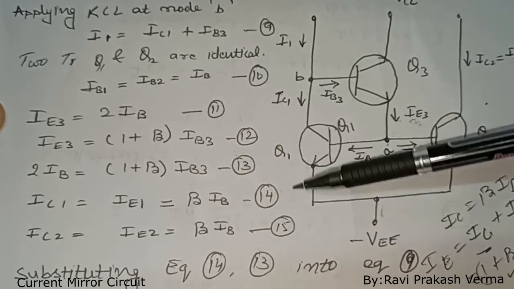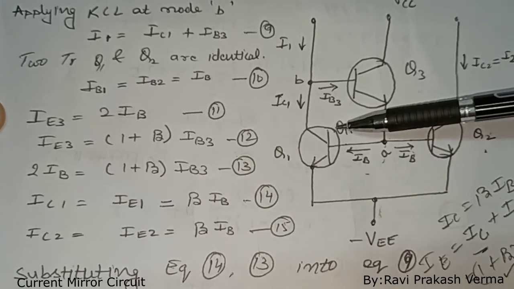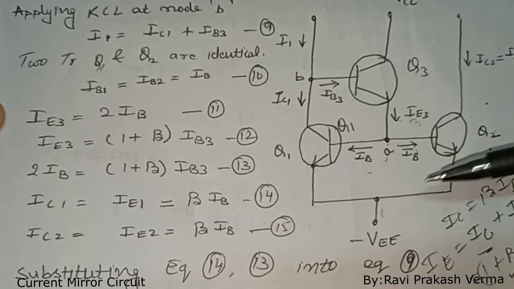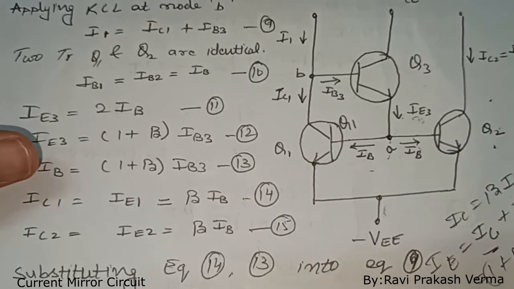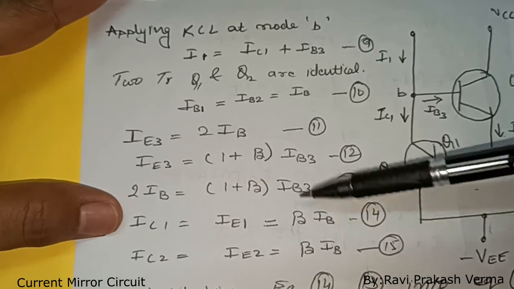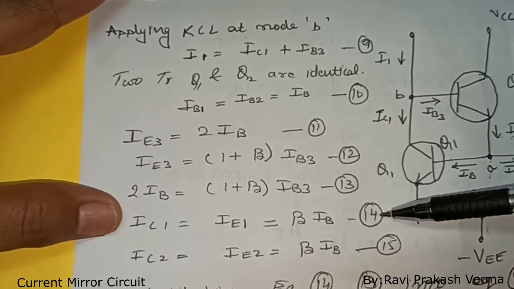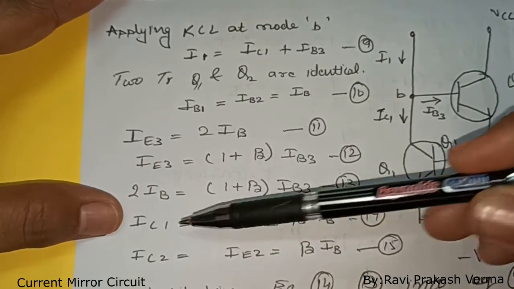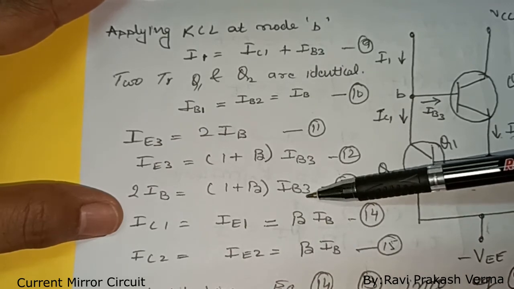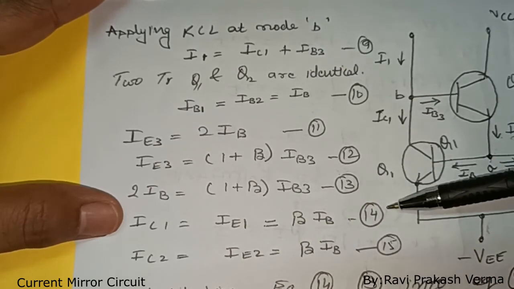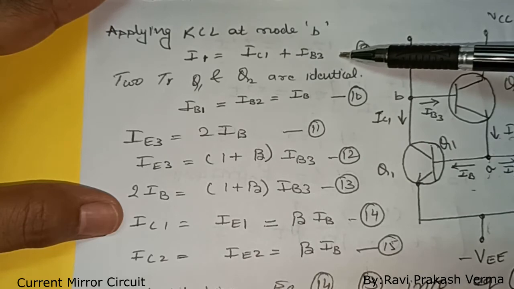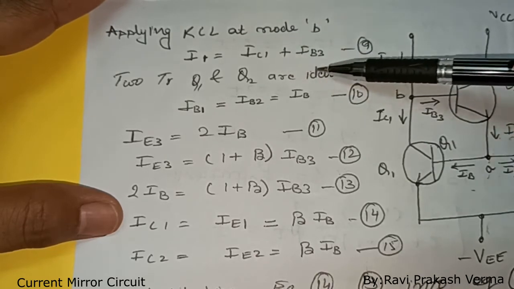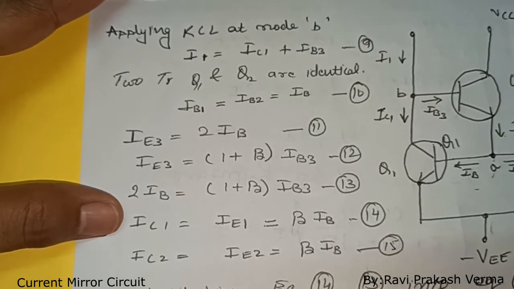Equations number 14 and 15 have been written for the transistors Q1 and Q2. The next step is putting the values of IC1 and IB3 from equations number 13 and 14 into equation number 9.